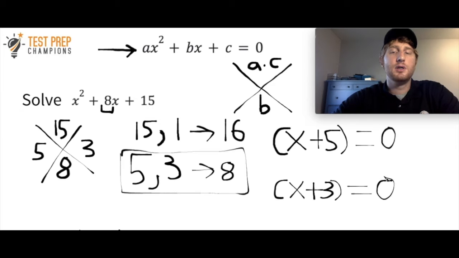And so all I have to do is subtract 5 from both sides here. And in this case, this would be x equals negative 5. Because if I do 0 minus 5, it's negative 5. Now for here, I've got x plus 3. That's going to give me x equals negative 3. So the two solutions here are x equals negative 5 and x equals negative 3.